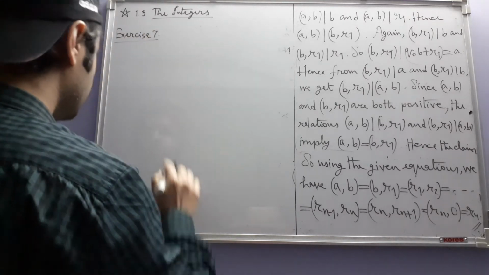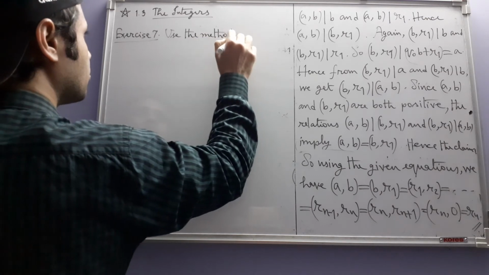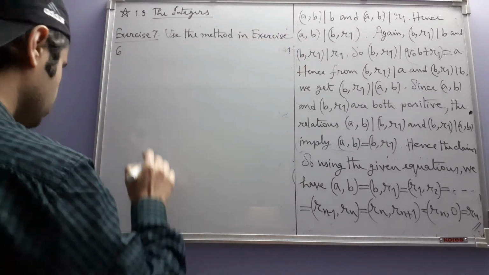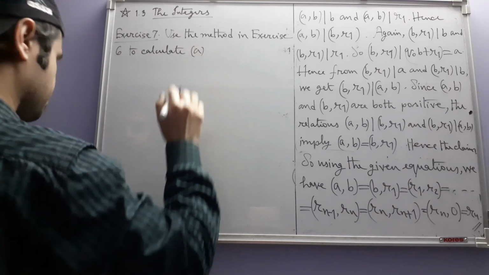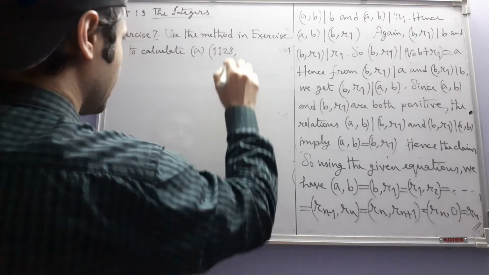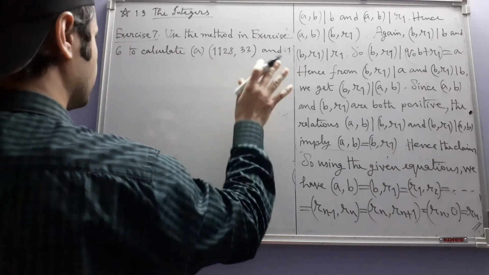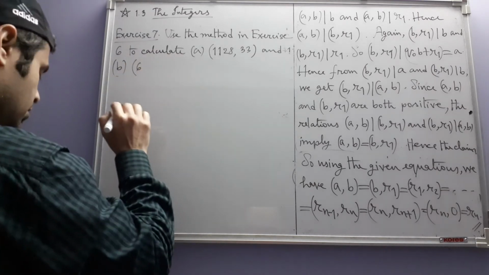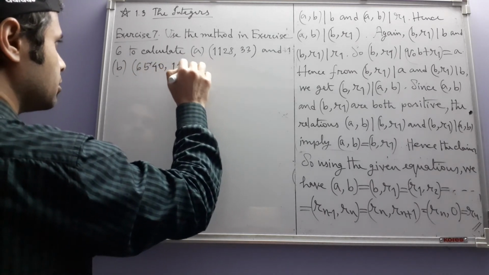Exercise 7. Use the method in exercise 6 to calculate the GCD of 1128 and 33, and let me write it the way Herstein has written, the GCD of 6540 and 1206.